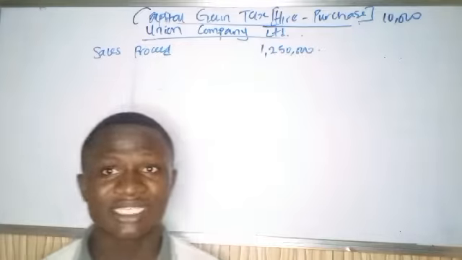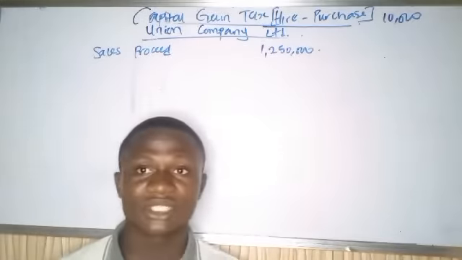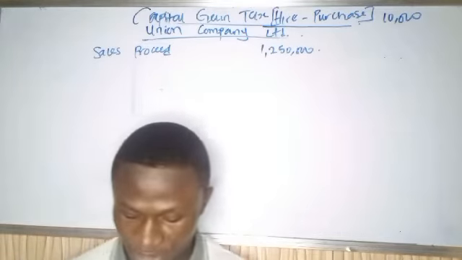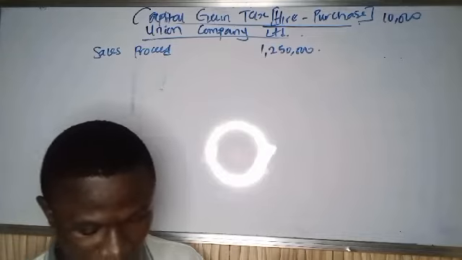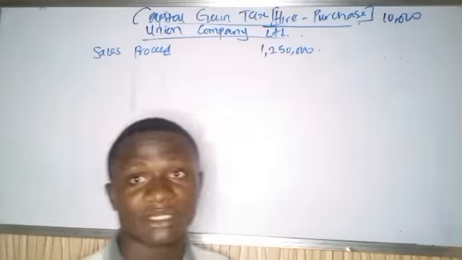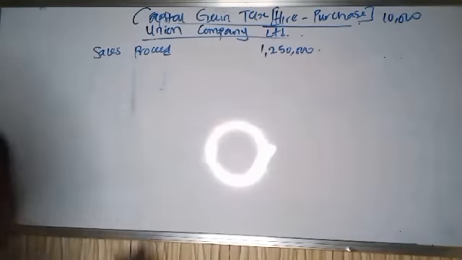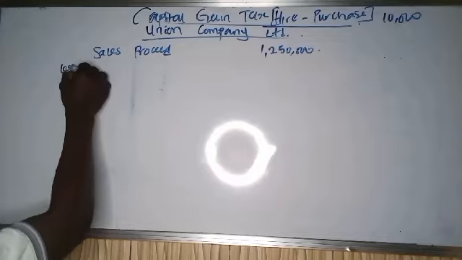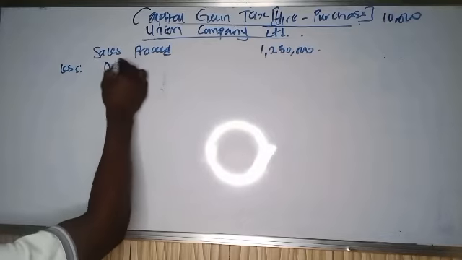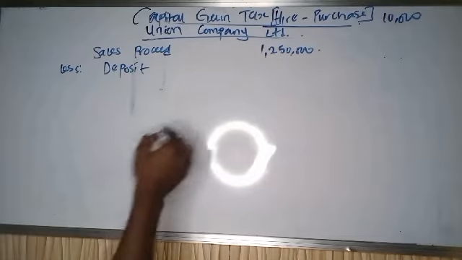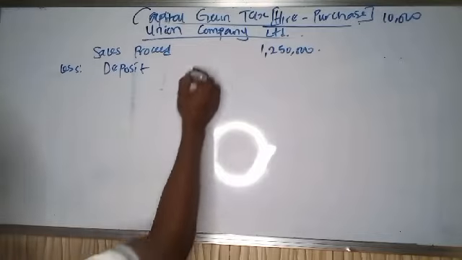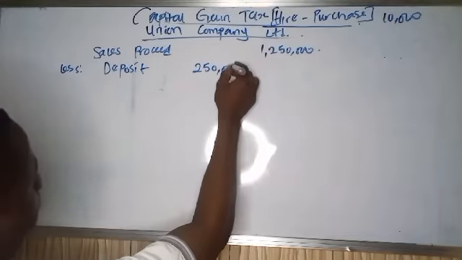They told us that he's meant to pay the installment for 36 months, but he has only paid for 24 months according to the second requirement. So we will go less the cost, which is the deposit of the asset. The deposit he paid from the question is 250,000.